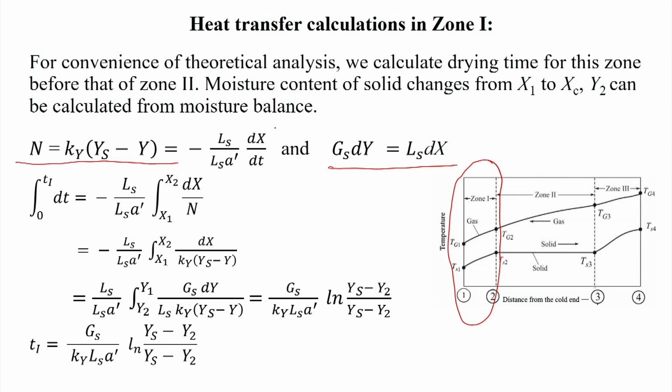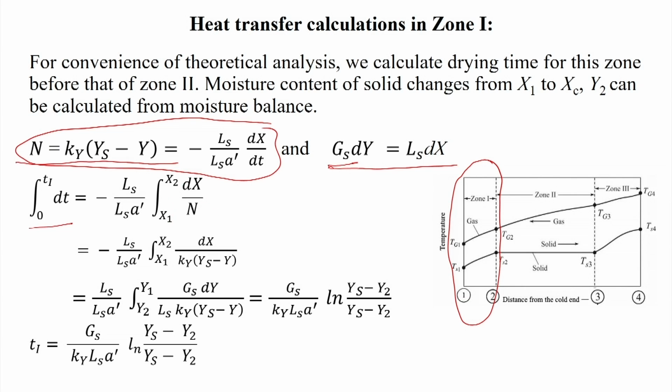After manipulation, dt will be nothing but minus Ls by A prime, and we will integrate from 0 to t1 time. What is t1? It is the time we take in zone 1, where the moisture content decreases from x1 to x2.